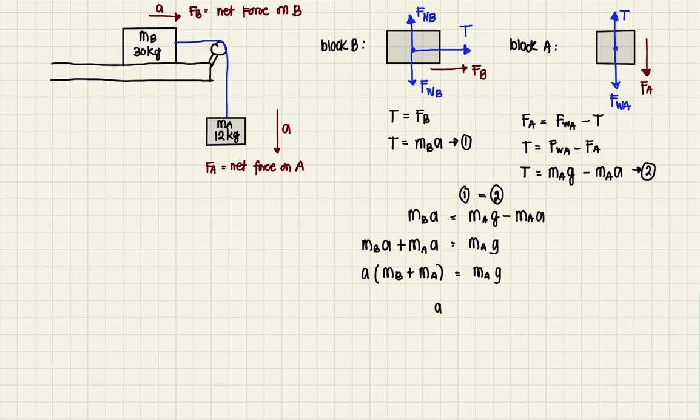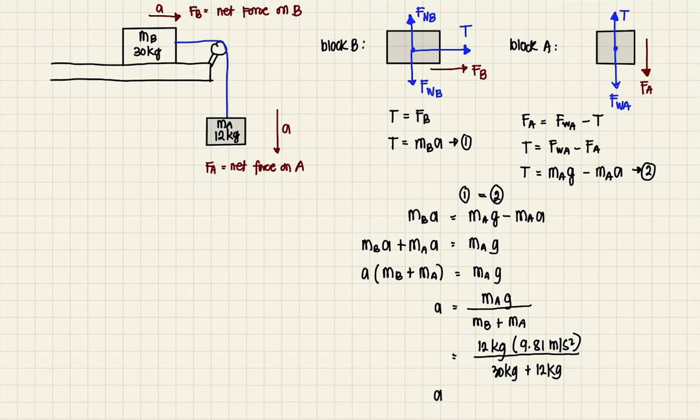So acceleration is equal to M_A g over M_B plus M_A. So we can now substitute. The mass of A is 12 kilograms, acceleration due to gravity is 9.81 meters per second squared, divided by the mass of B, 30 kilograms, plus 12 kilograms.